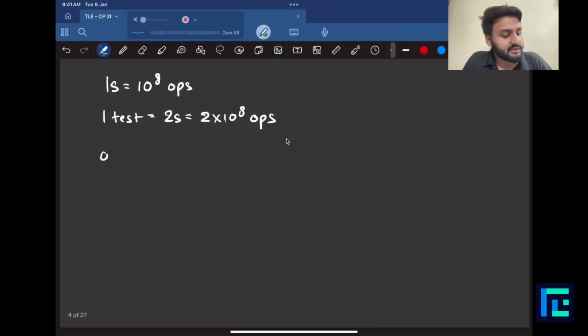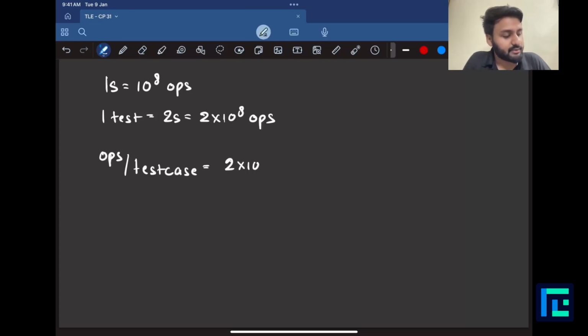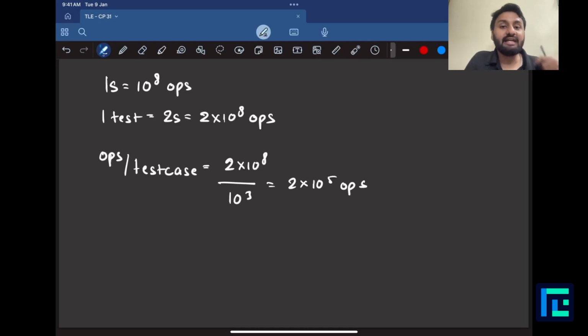So if I ask you what's the number of operations you can actually perform for every test case, then you report 2 into 10 raised to 8 upon 10 raised to 3. This gives me, to be specific, 2 into 10 raised to 5 operations in every test case.